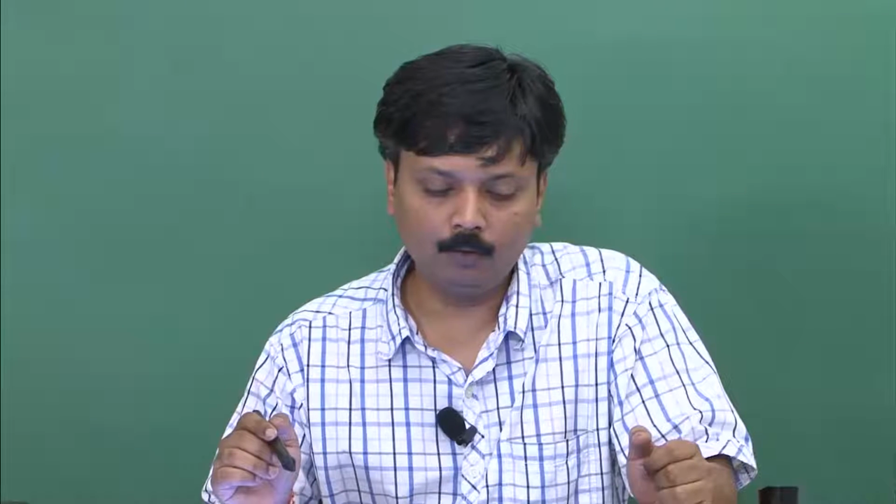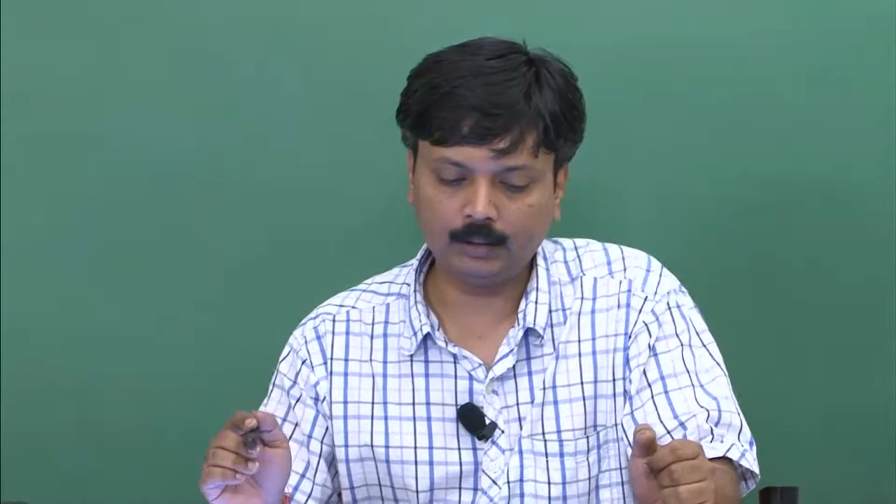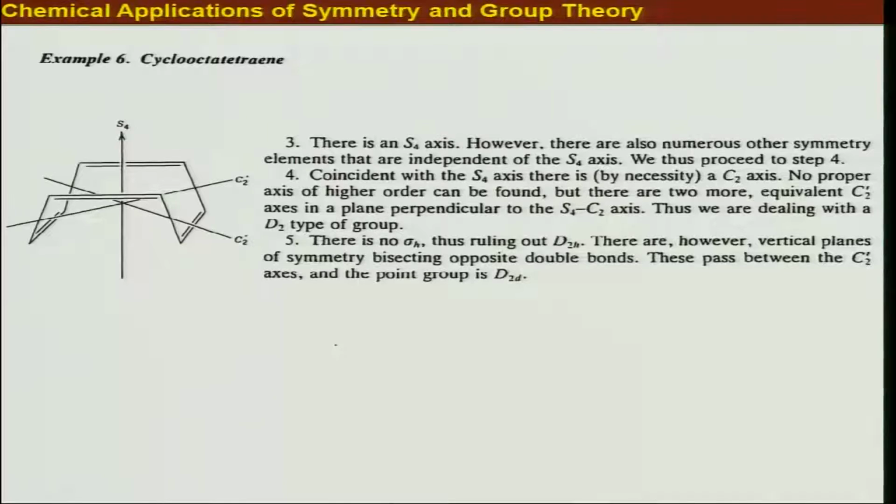Now, if you look at this structure, just like the previous case, you have an S4, but other than S4 there are other symmetry elements. You can see that we have pointed out here one axis which joins this point and this point. This is a C2 axis.